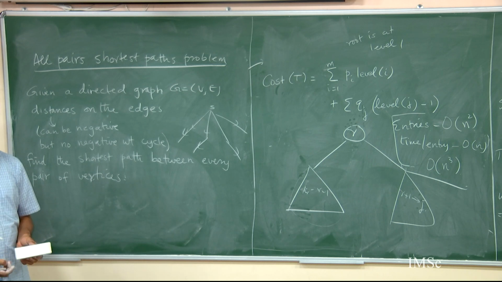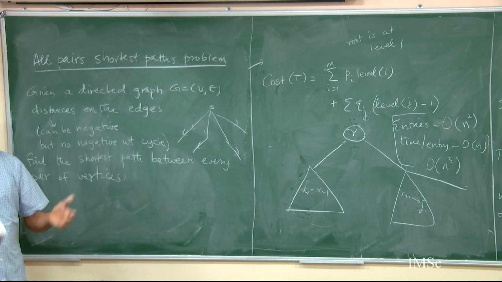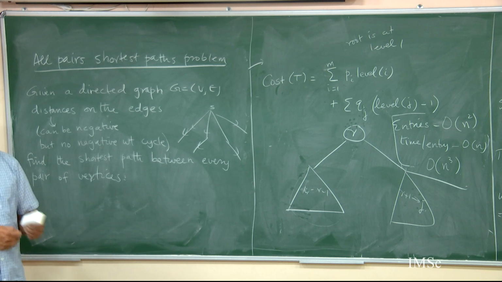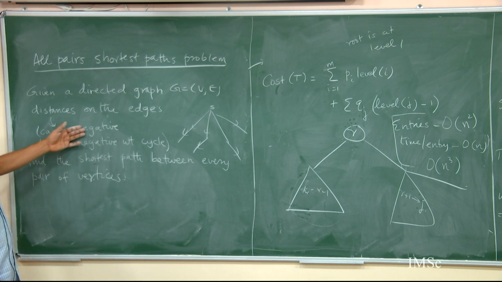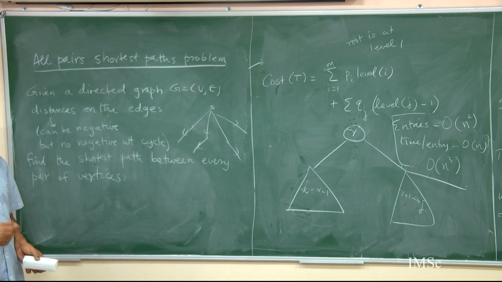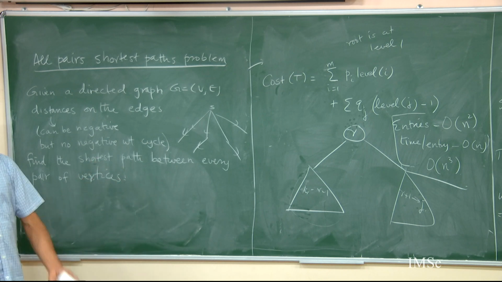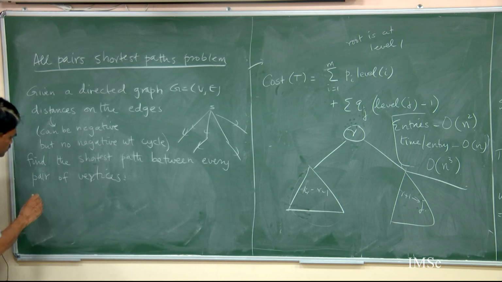So, what can I do? Yeah, just make S every possible vertex, and from that vertex to everybody else you can apply. So apply Dijkstra's or Bellman-Ford n times independently for every starting point, and you will get all pair shortest paths, correct.